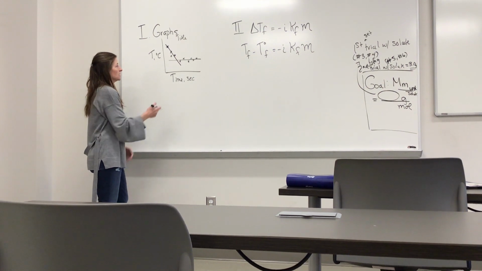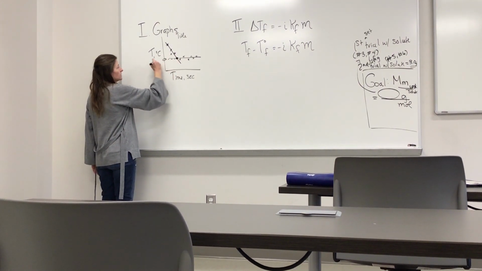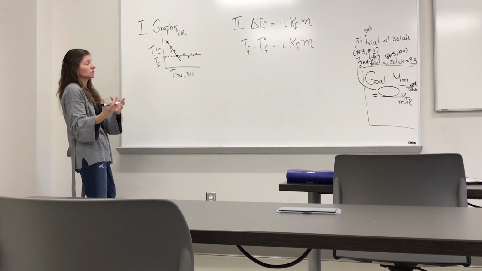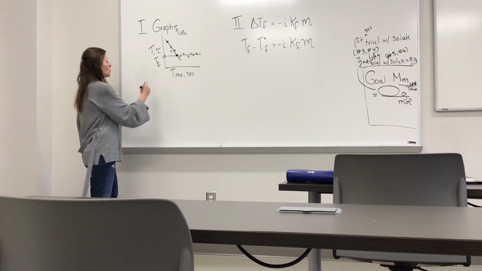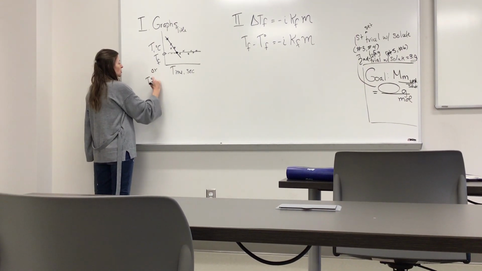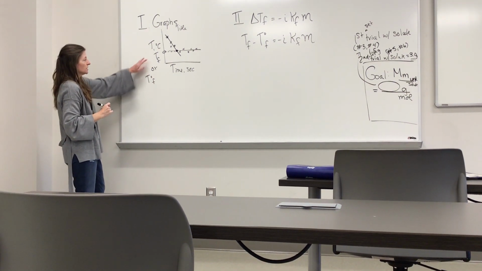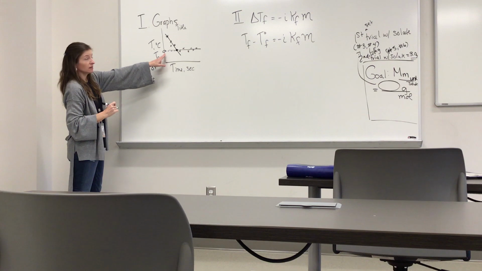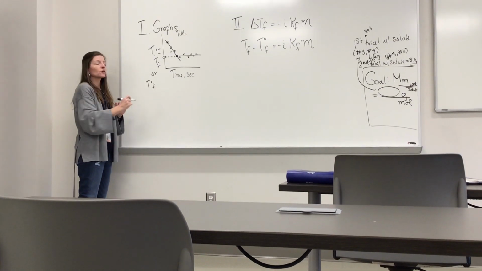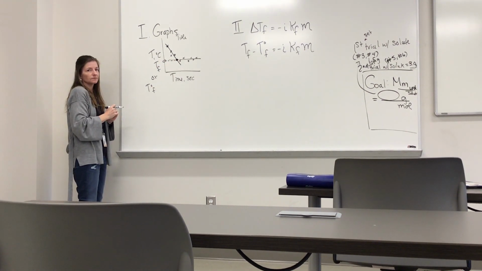Where they intersect, that is either going to be your TF, which means you've got solute in solution, or if it's your first couple of trials with just solvent only, you're going to be looking at your TF naught. It's going to depend on what's in that solution, but that's how you will get that data, directly from the graph. Wherever they cross over, you're going to come across and look at that.